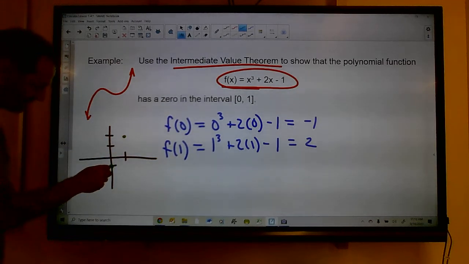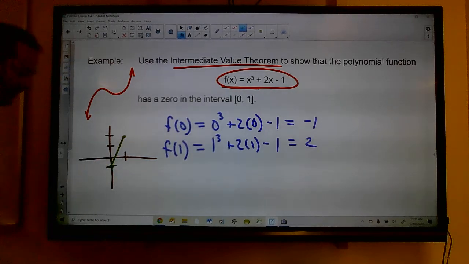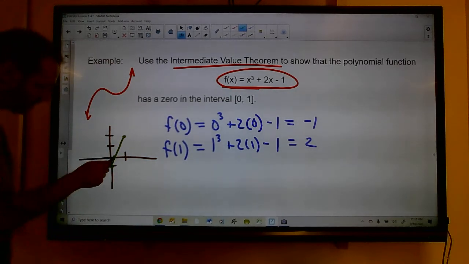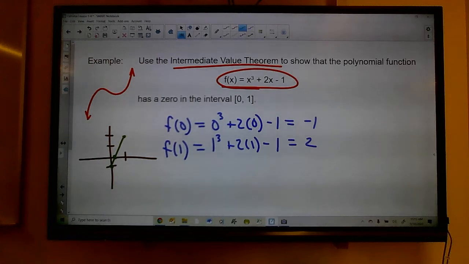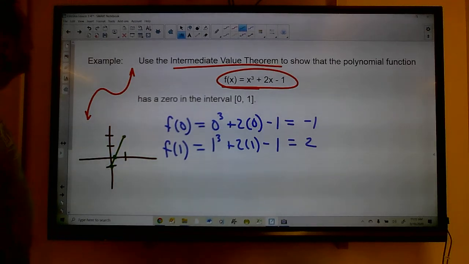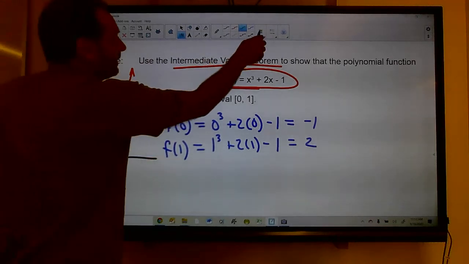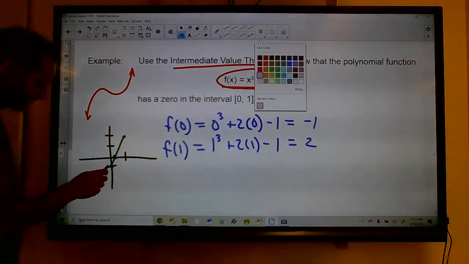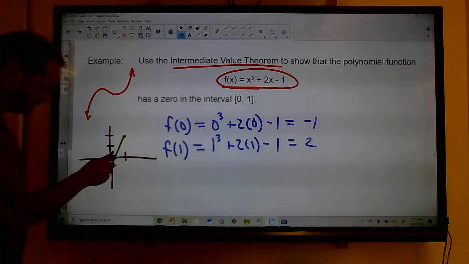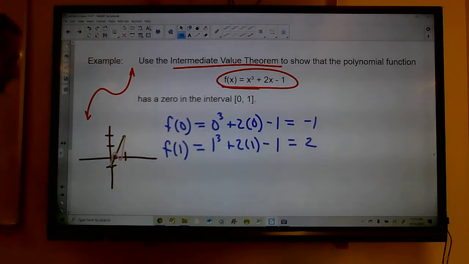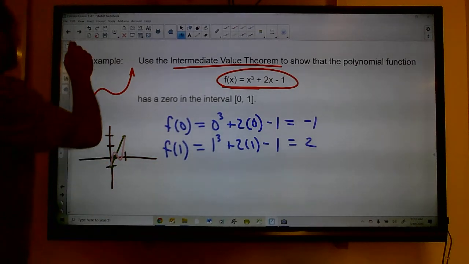All I know is that this thing goes from here to here on that interval, and so it has to cross 0 at some point in between there by the intermediate value theorem. And it could cross more than once, possibly. I mean, this could easily do something like that, where it crossed 3 times. But I know that it does at least once.